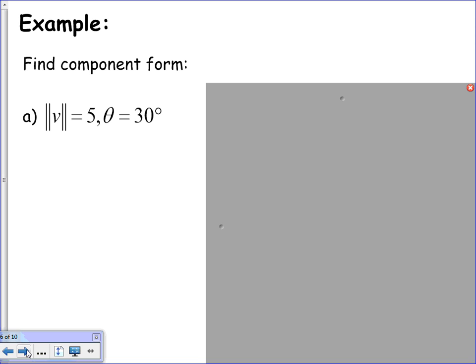Looking back at that last slide, we know that the component form for v looks like the magnitude of v times cosine theta, and then the vertical component is the magnitude of v times sine theta.